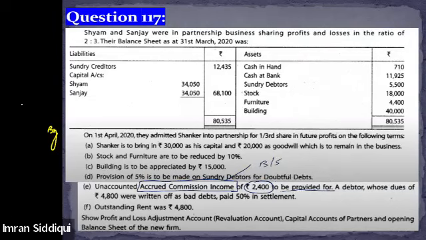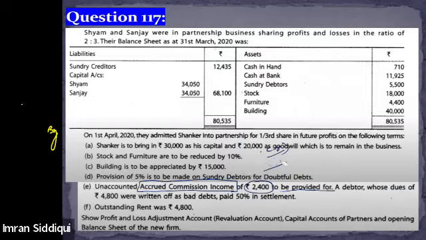At the same time, since accrued commission is an asset and there is an increase in its value, we go to the revaluation account and record it on the credit side. The same amount is recorded on the asset side of the balance sheet as well.